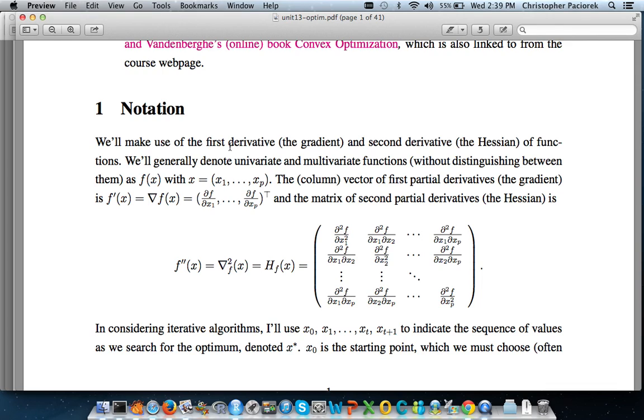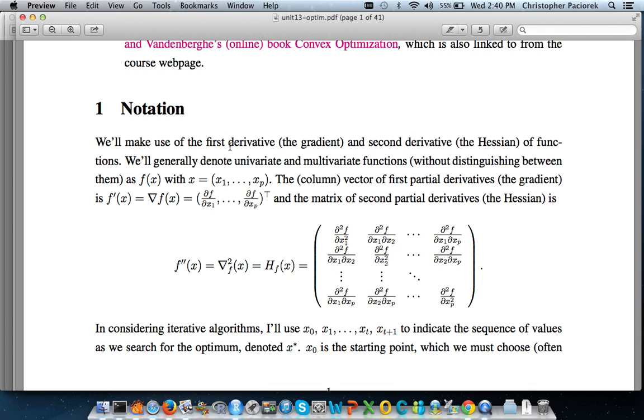And I can also think about taking the second derivative of this function f at any point x in this domain. If I generalize that to higher dimensions, then I'm thinking about taking the gradient vector, which is taking the derivative of f with respect to all of the coordinates x1 up through xp.